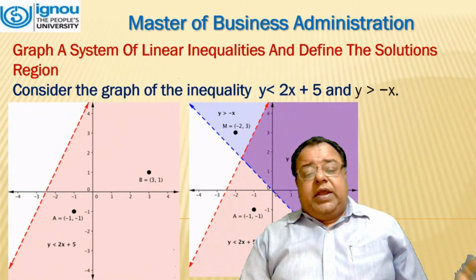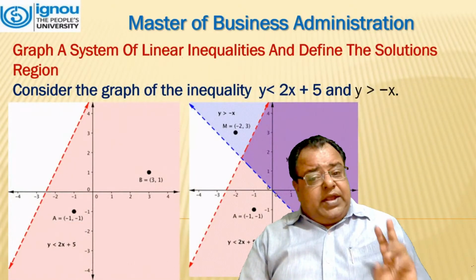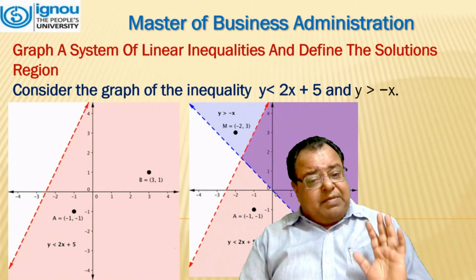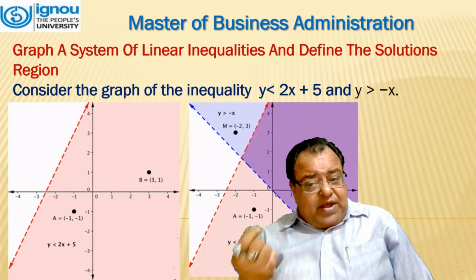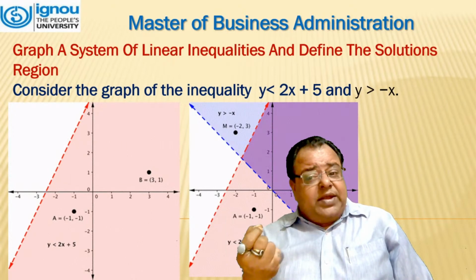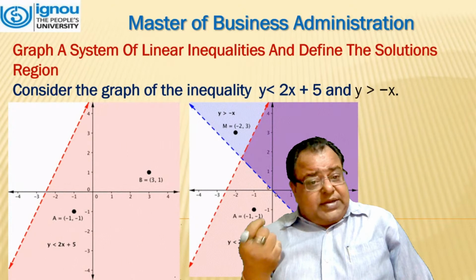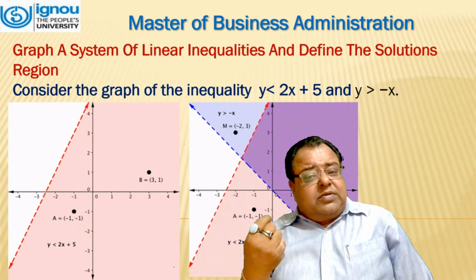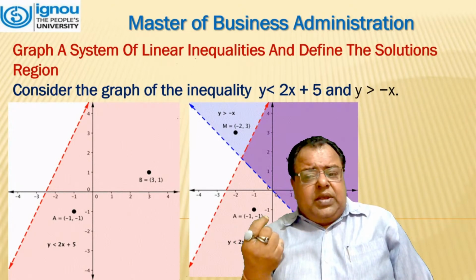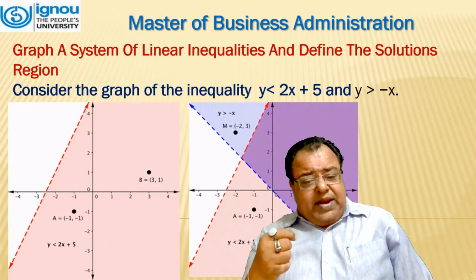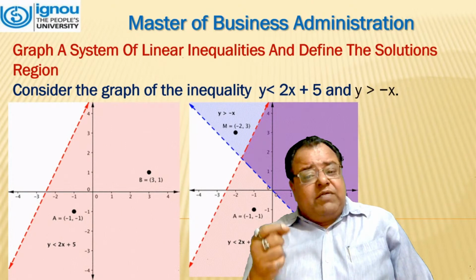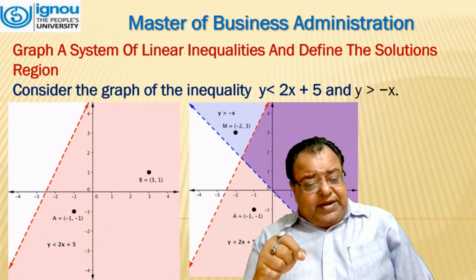Now, if two inequations are taken simultaneously, one is y is less than 2x plus 5, and the other one is y greater than minus x. We can remember that y equal to x or y equal to minus x is a line which is equally inclined on the axes.